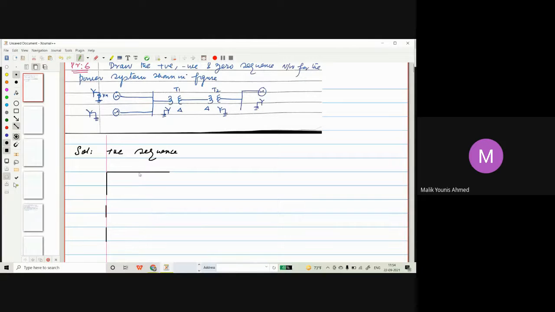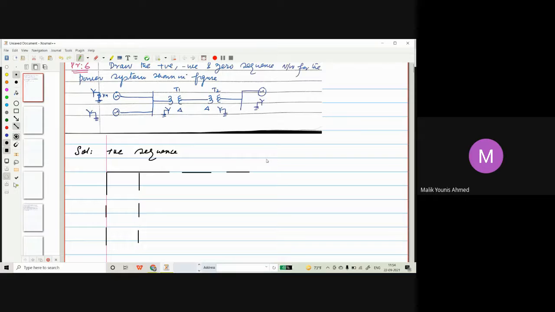In parallel, another generator we have, and we have the reactance of that generator, and a voltage source of that generator also. Then moving to this side, we have transformer 1 represented by reactance in positive sequence. Transformer 2 represented again by the reactance.